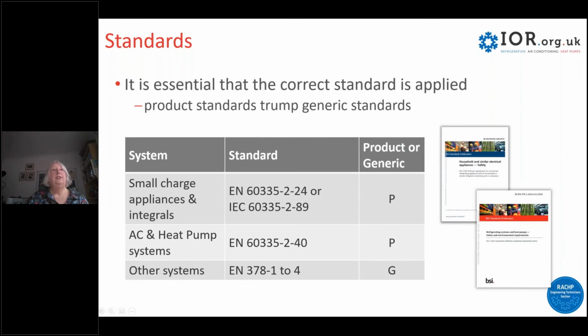So standards are there to make sure that systems are designed safely. There are standards that cover products specifically, and I think Chris will probably talk about this in a little bit more detail, but they're there specifically for small charge systems like integrals, and also for air conditioning systems and heat pumps. So where a product standard exists for your particular system, that's what should be followed.